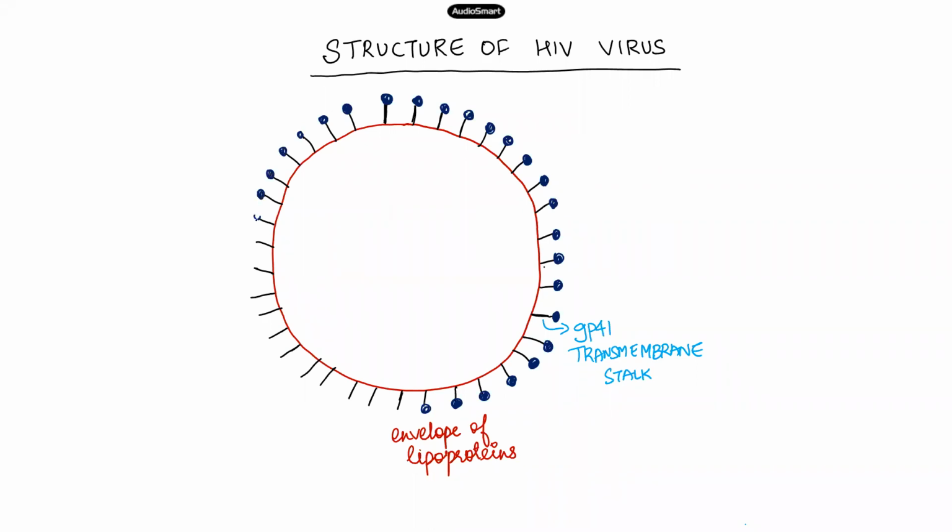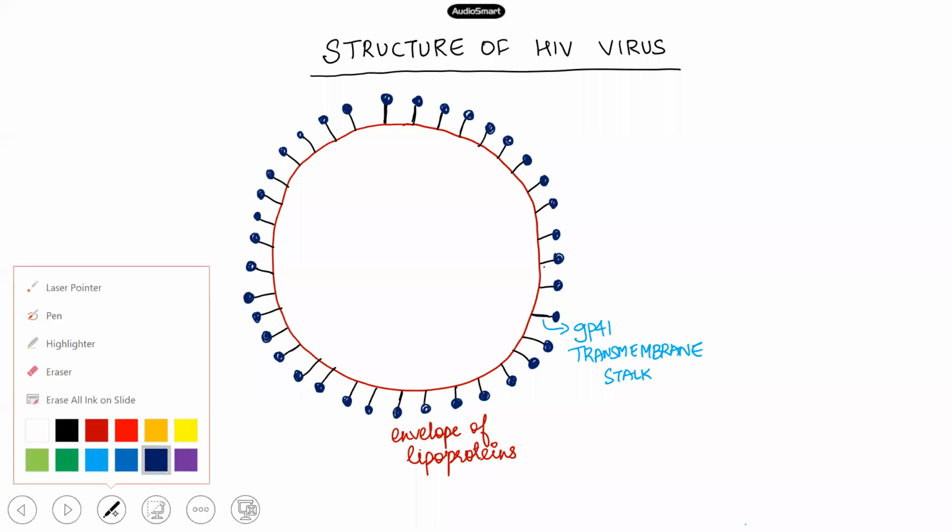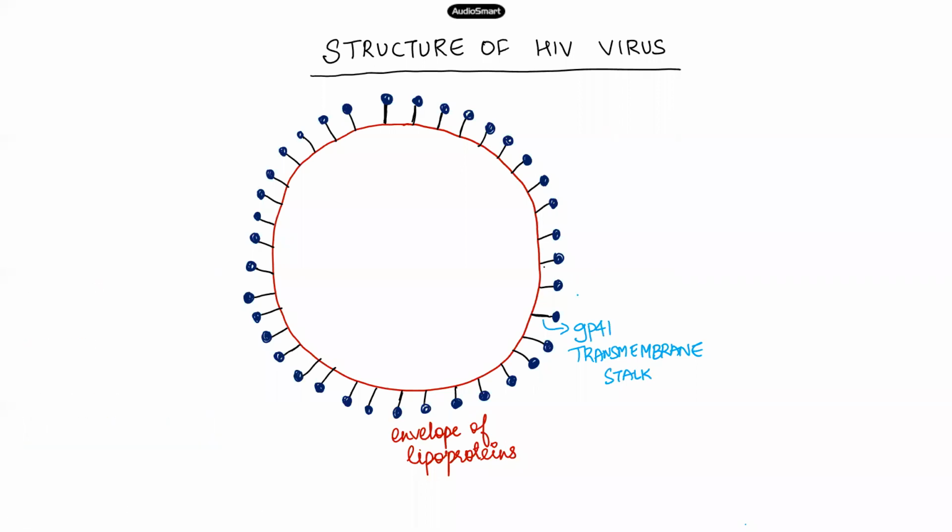GP stands for glycoprotein. So let me finish up drawing the knob-like structures, which are GP120, and they are attached to your transmembrane stalk, which is referred to as GP41. Let me write the name of this, and it's called GP120.